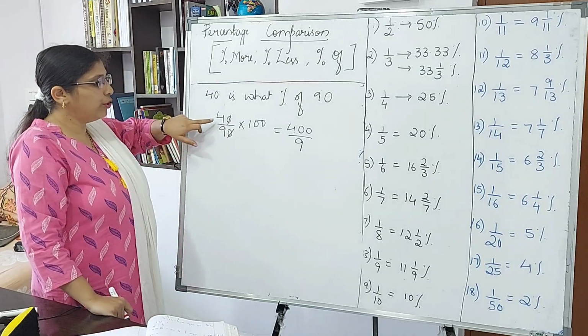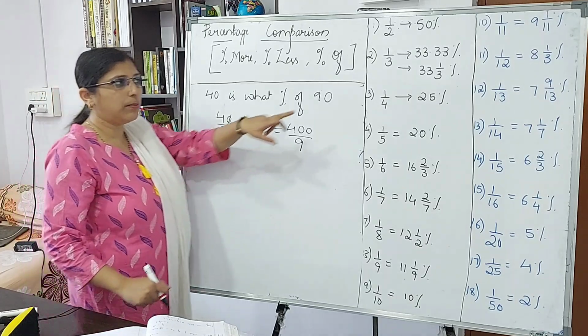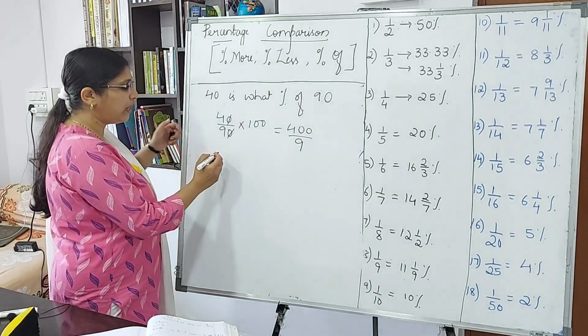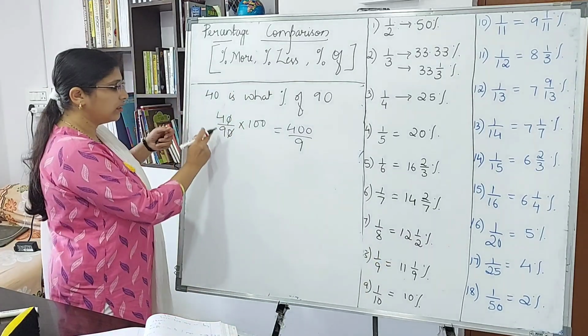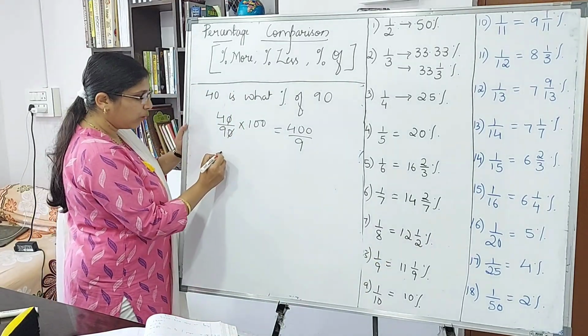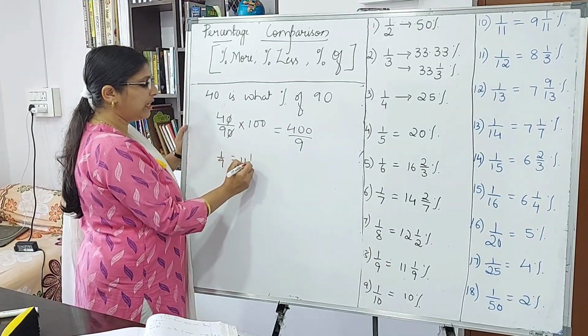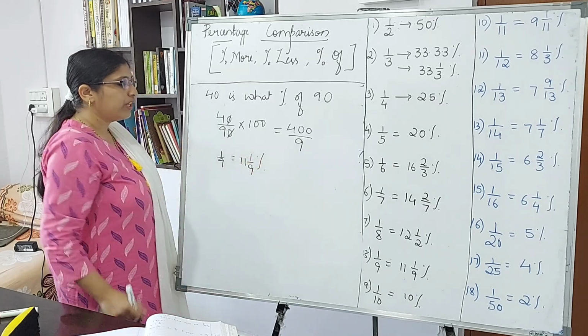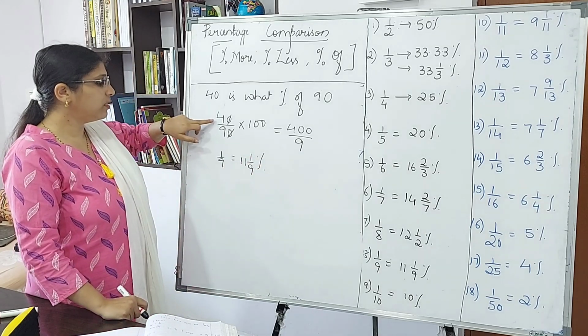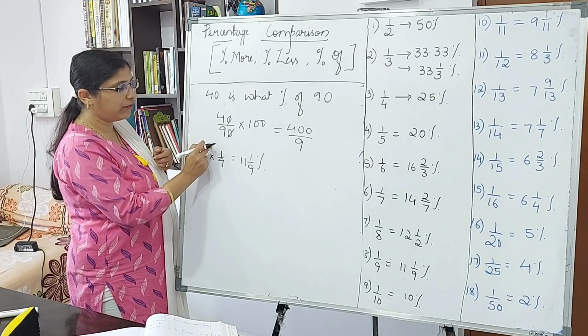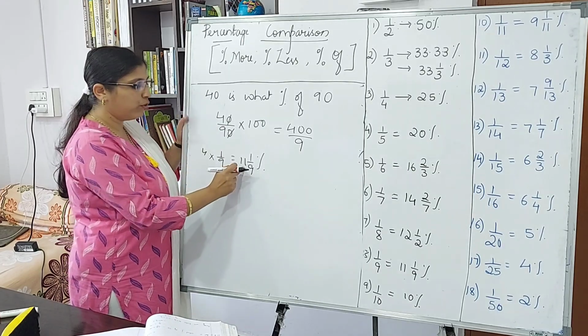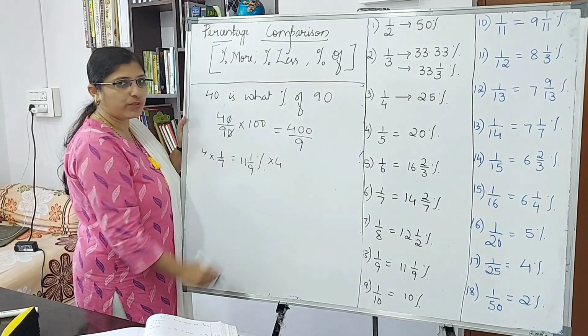But if you knew 1 by 9 is nothing but 11 1 by 9%. Okay, so 1 by 9, I know it is 11 1 by 9%. If I knew this, what will happen? If you multiply by 4 on the LHS, you will get 4 by 9. Same, you have to multiply this side by 4.